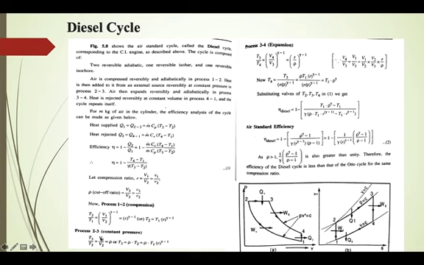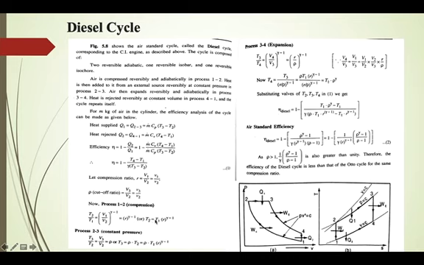Now V3 by V2 is actually cutoff ratio rho, or T3 is equal to rho into T2. Also we know that T2 is equal to T1 into R raised to gamma minus 1. Substituting that here, we get T3 is equal to rho into T1 into R raised to gamma minus 1. So we have converted T3 in terms of T1.